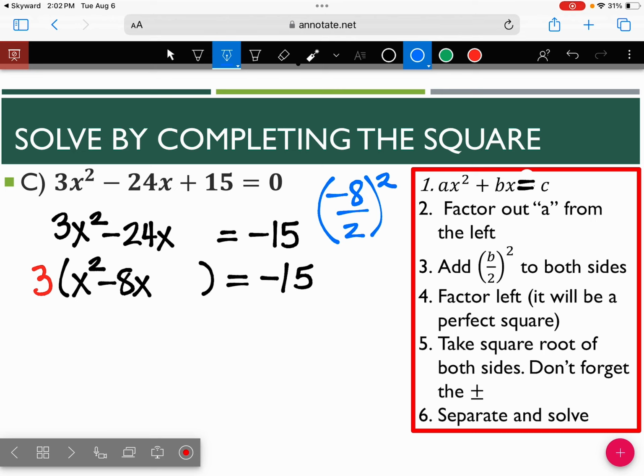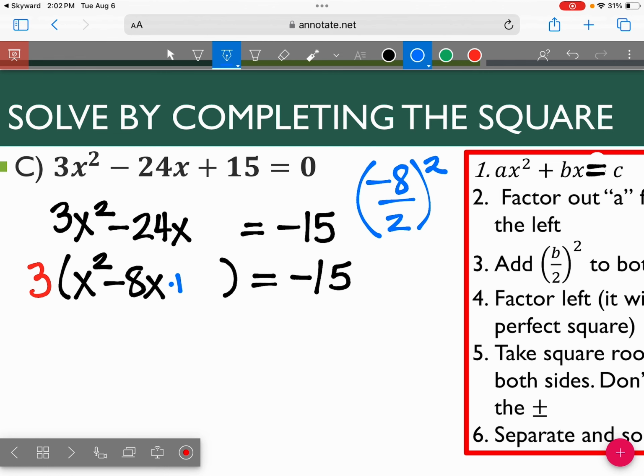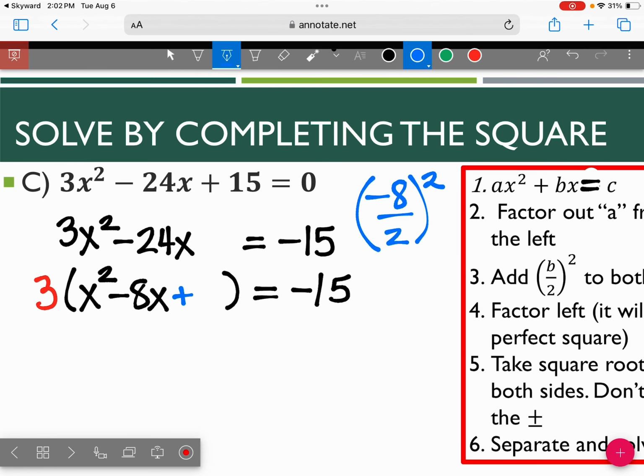But here's the thing. I need to probably modify my directions because for step 3, it's different when A isn't 1. So I'm adding 16 right here. But if you think about it, I'm not really adding 16, because everything in this parentheses is being multiplied by what? 3.